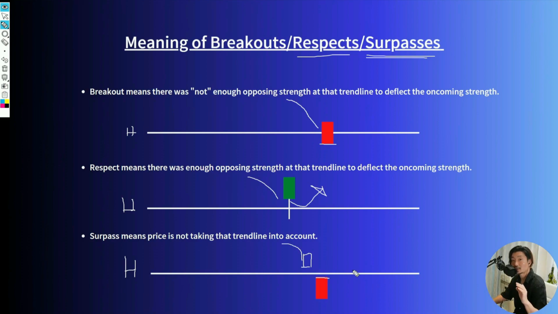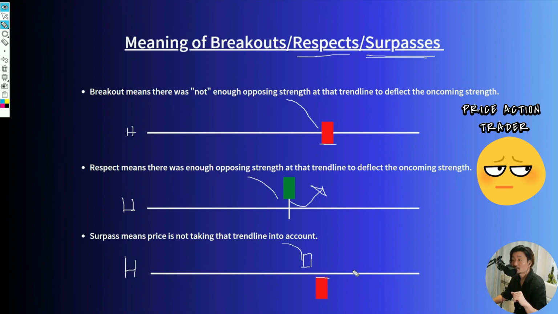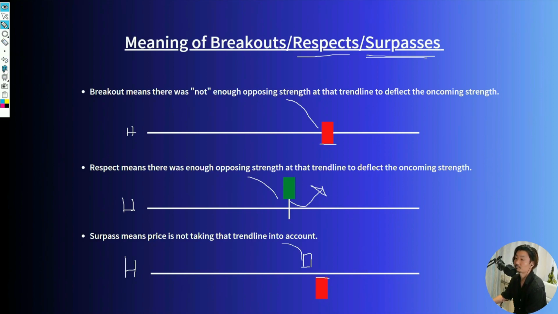Okay, and as a price action trader, let me explain how you want to interpret these three scenarios. Number one, a breakout means there was not enough opposing strength at that trend line to deflect the oncoming strength.